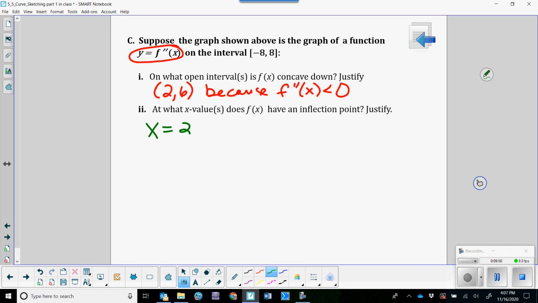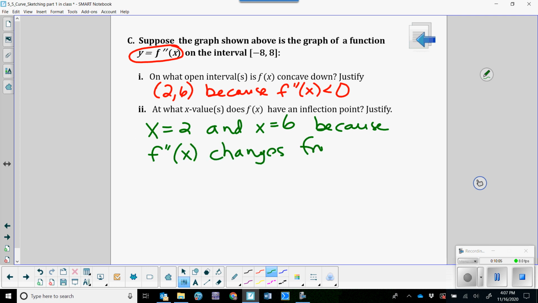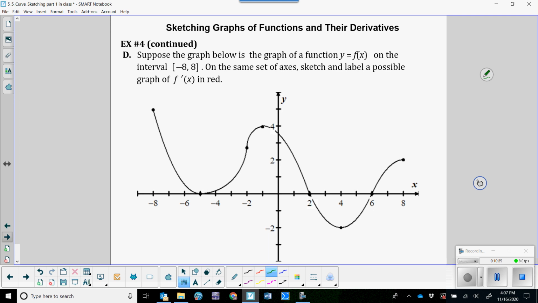We're going to have x equals 2 and x equals 6 because f double prime of x changes from positive to negative or negative to positive. So that's how I know I have a point of inflection, is if f double prime changes signs, which it does.